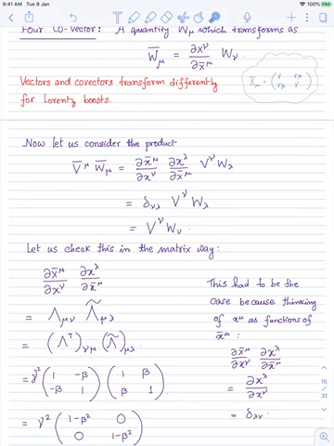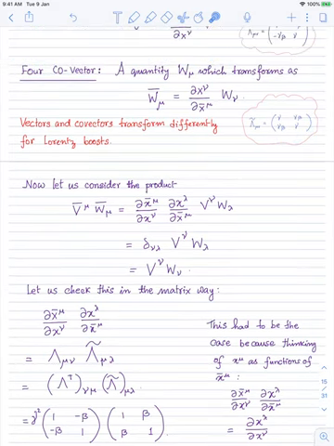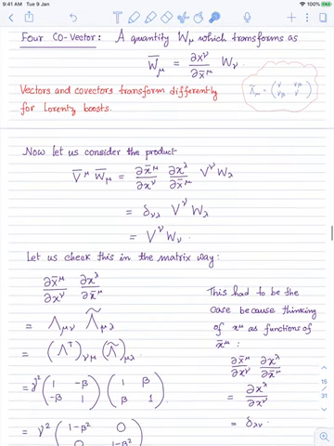Here it just goes over 0 and 1 if I think of 2 by 2 matrices. But you can put in the other parts, 0, 0, 1, 0 and 0, 0, 0, 1, because under a boost along x, the y and the z are not affected.